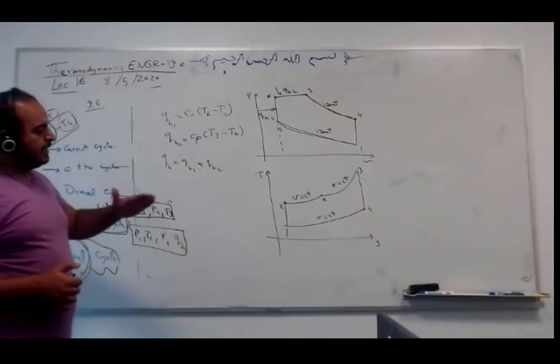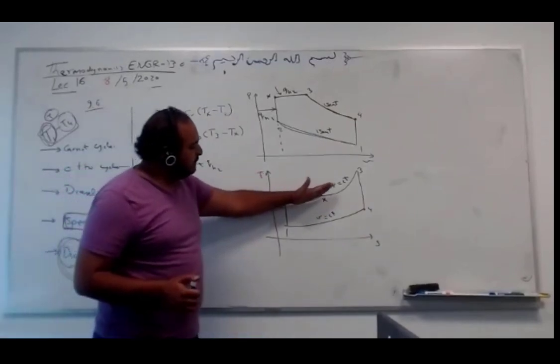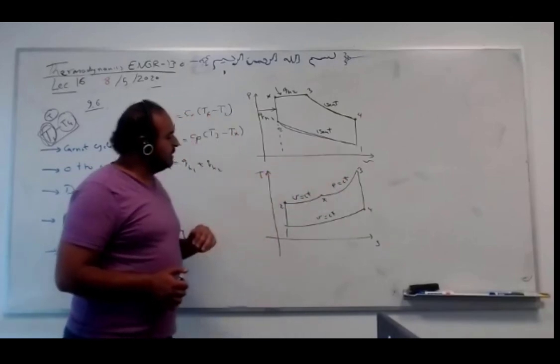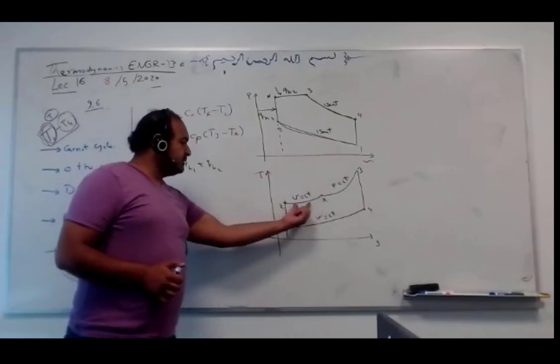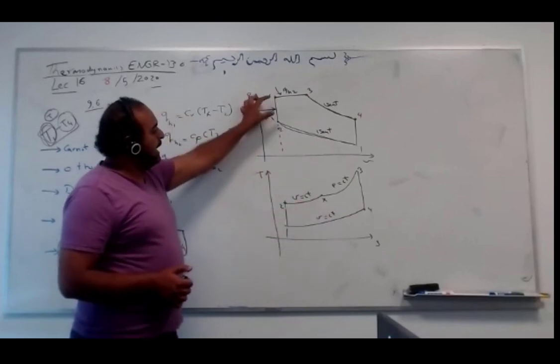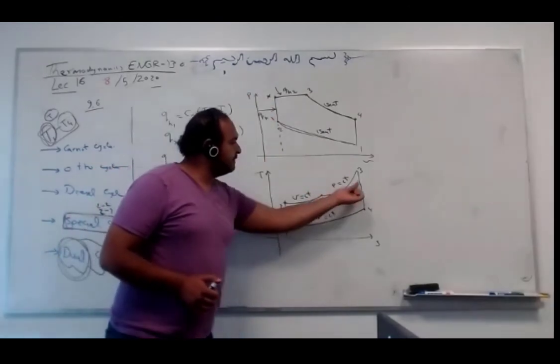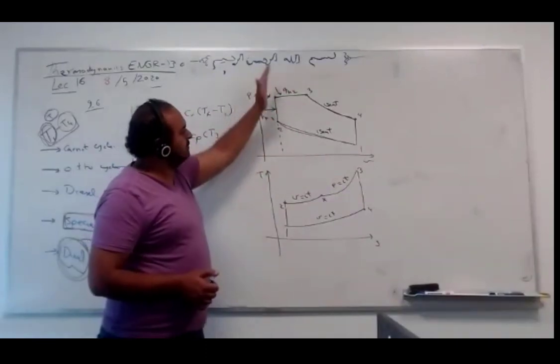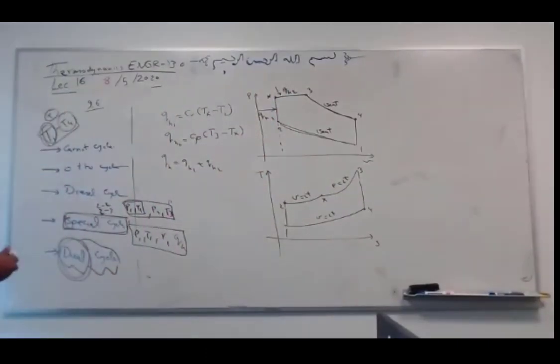So in the past, if this is completely constant volume, Otto. Constant pressure, Diesel. Some part from 2 to X at constant volume and some part from X to 3 at constant pressure is called Dual.